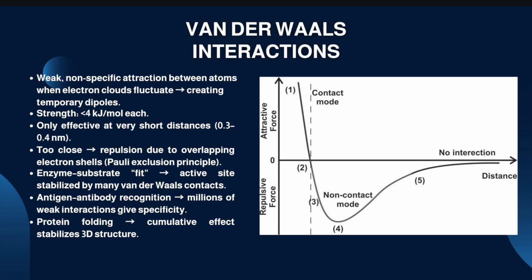Now for example, in enzyme-substrate fit, that means the active site of an enzyme, most of the bonds are van der Waals. There was a question once in the NET exam: which type of bonds are maximally found in the active site? Most people chose the covalent bond, I guess.